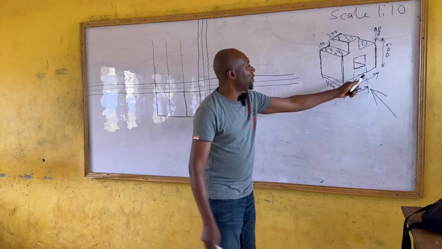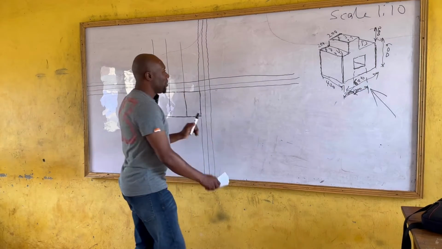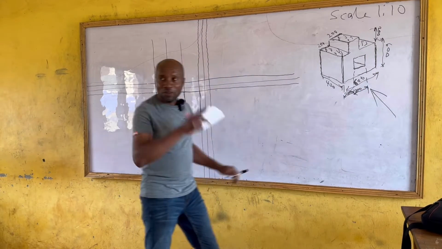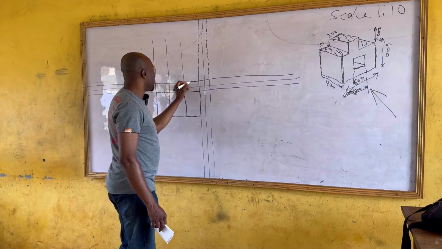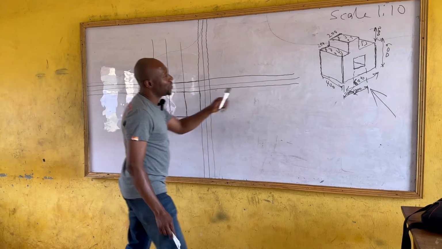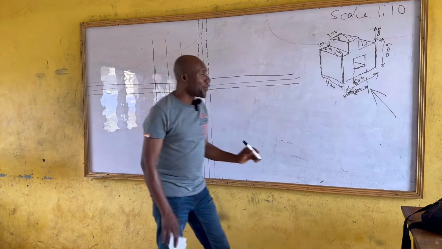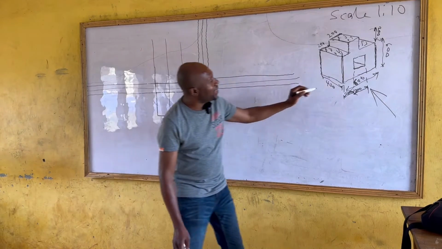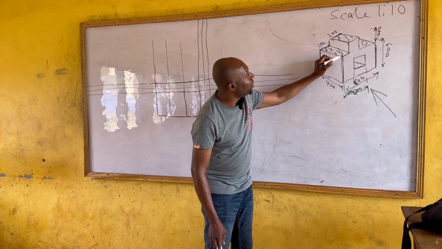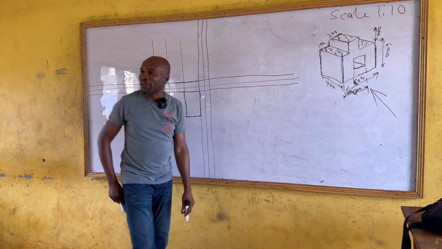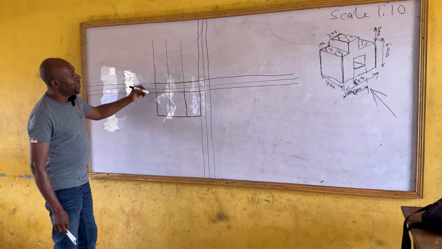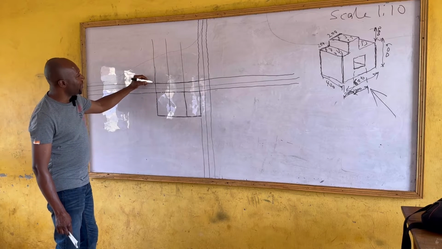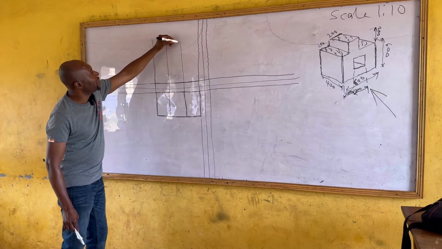Now let's look at the figure here. With the plan, we now have this line, the distance from here to here, which is this one. It's here already. Now we consider this. The distance from here to here is 600 millimeters. So you measure 600 millimeters. Let's take the 600 to be here.